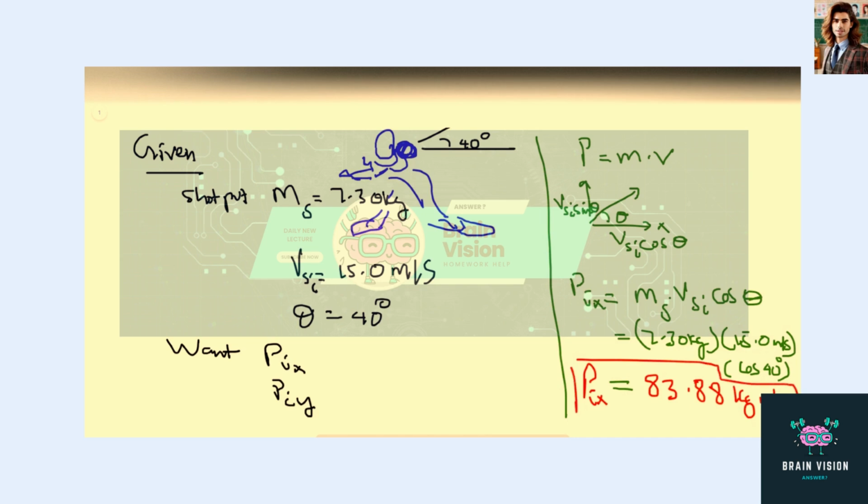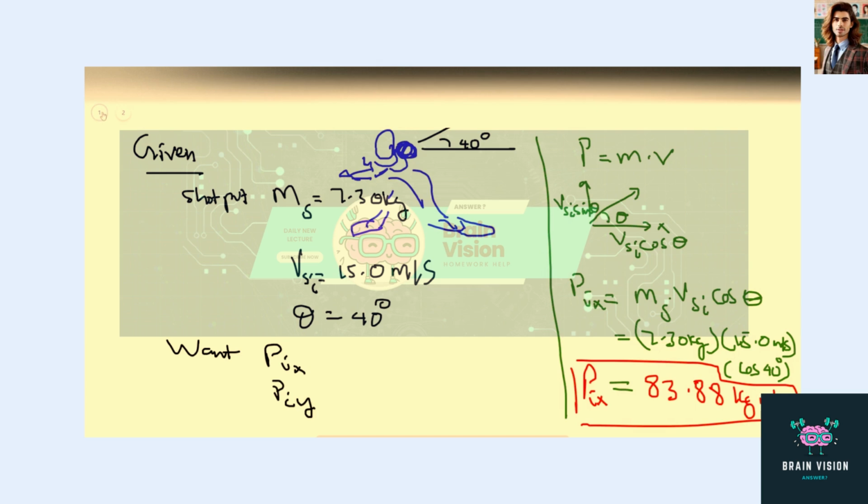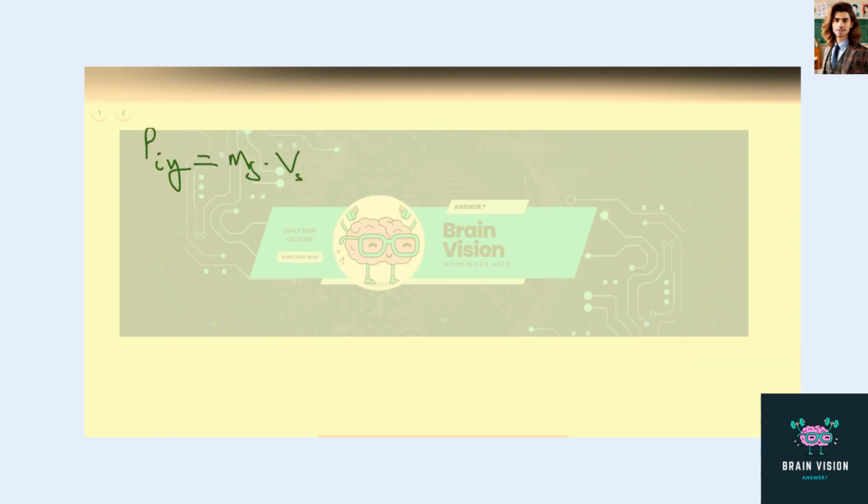That's the momentum in the x direction. On the next page, we're going to do the momentum in the y direction. Remember, the momentum in the y direction is the mass of the shot put times the initial velocity in the y direction, which is Vsi sine of theta.